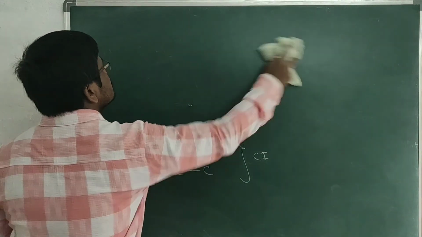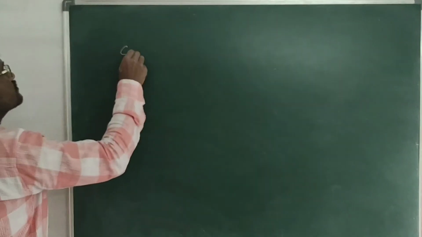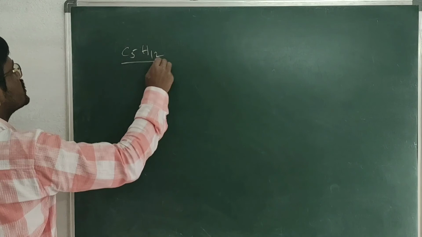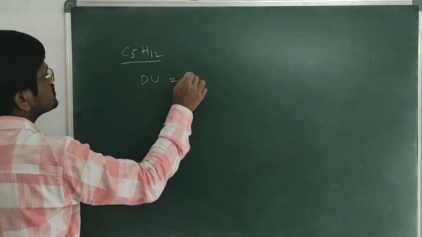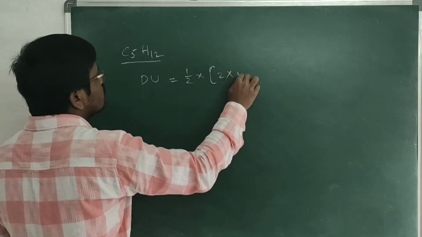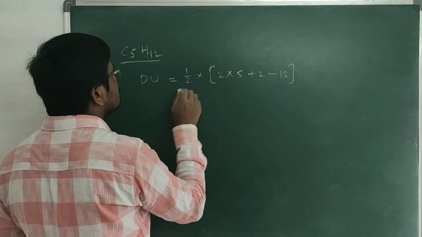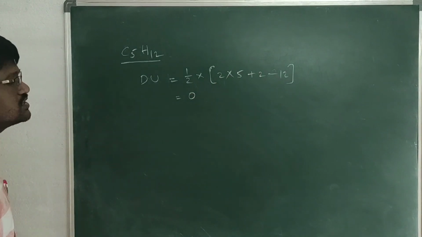And the next question is C5H12. For C5H12 the degree of unsaturation is half into 2 into 5 plus 2 minus 12. This is 0. The degree of unsaturation is 0.